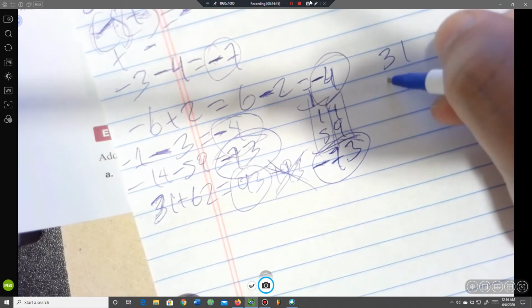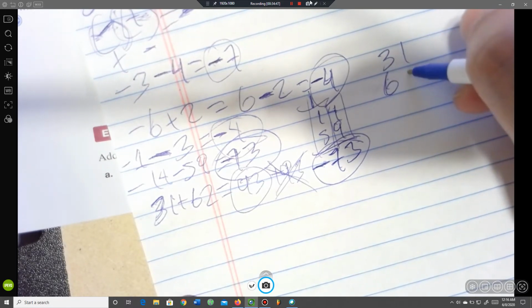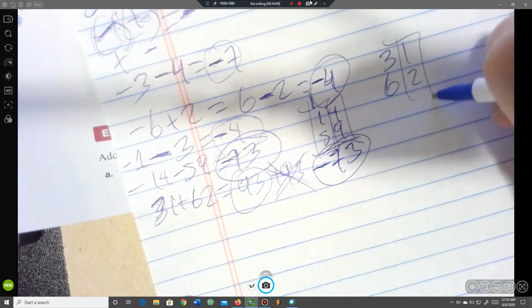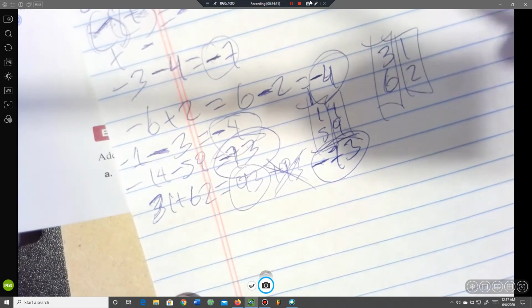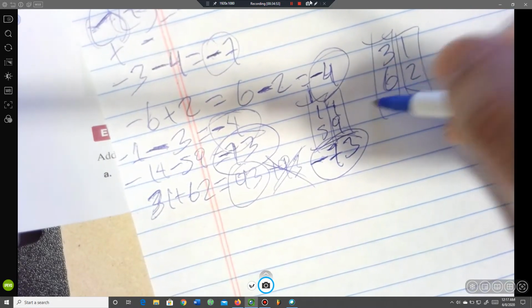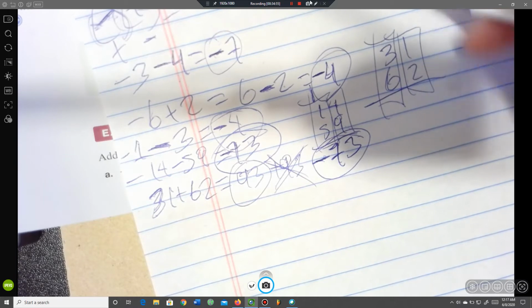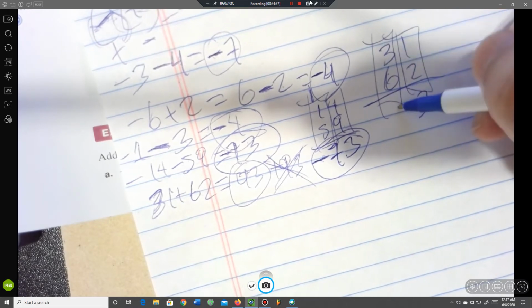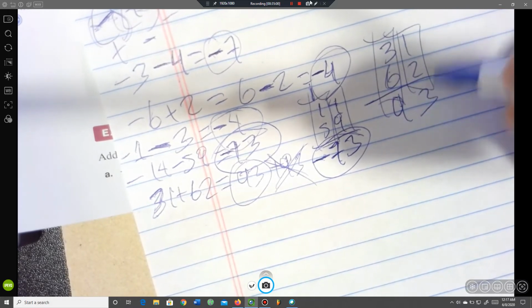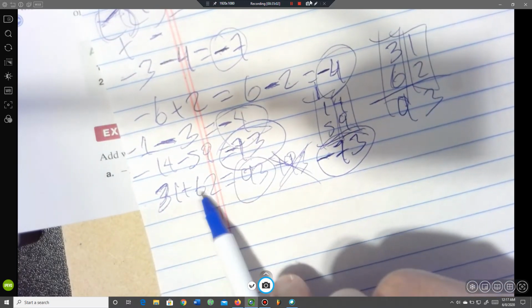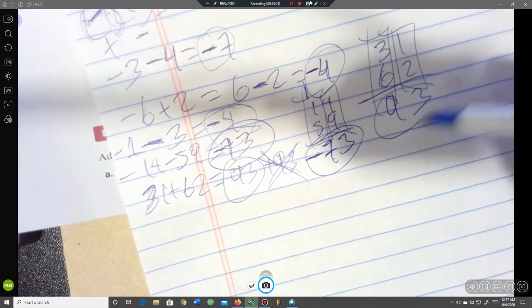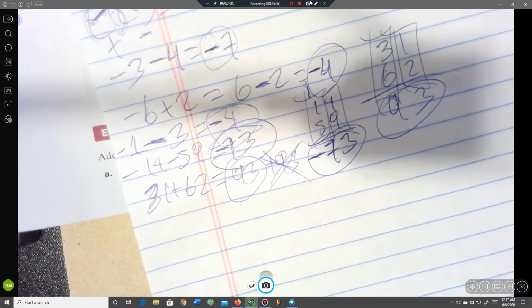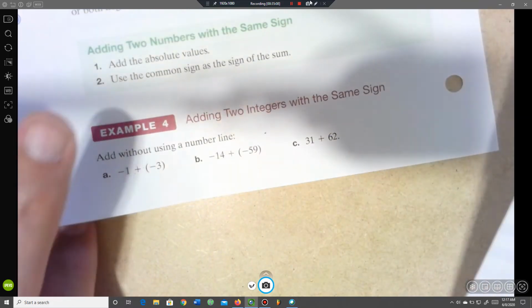Again, stack them up to where you have the ones in one column, the tens in one column, and so on, and then just add them up. 1 plus 2 is 3. 6 plus 3 is 9. And since both of these are positive, the answer is positive. All right. And let's move on.